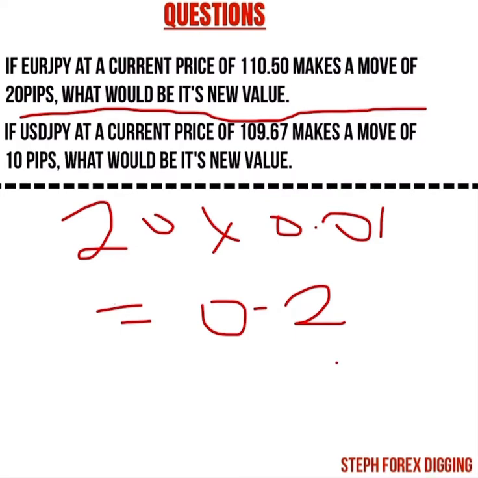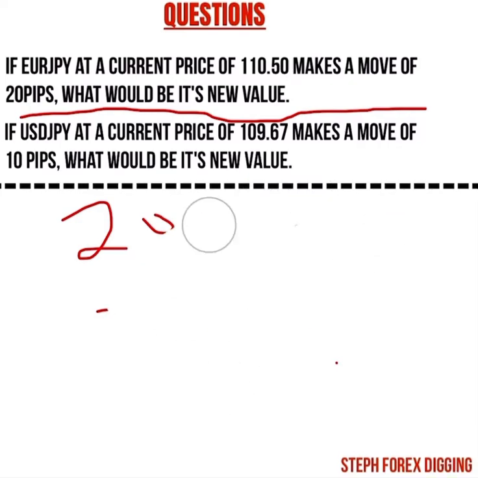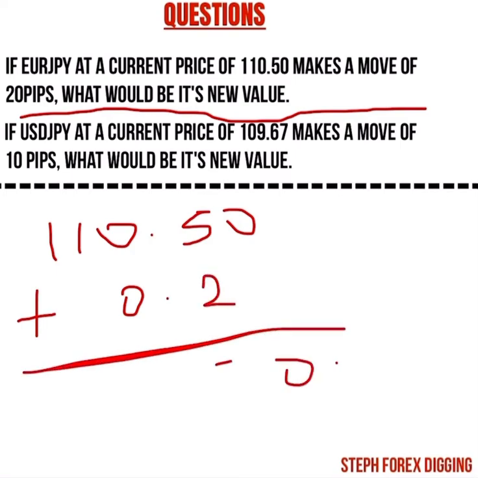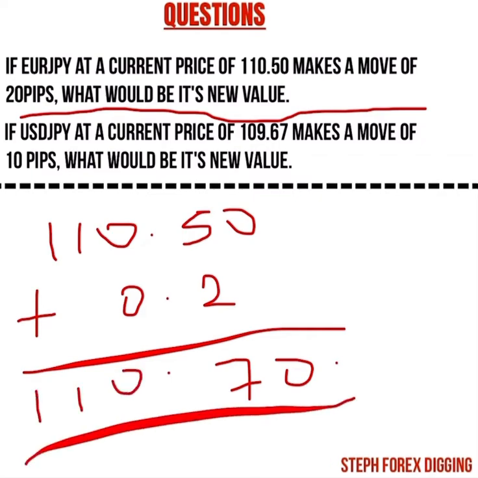So to get the new value, we'll now do 110.50 plus 20 pips, which we have as 0.2. So our answer is 110.70. That's the new value. Okay, so let's go on to the next one.